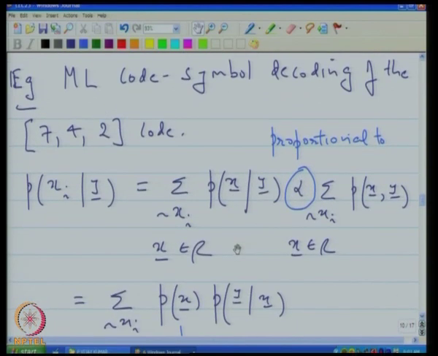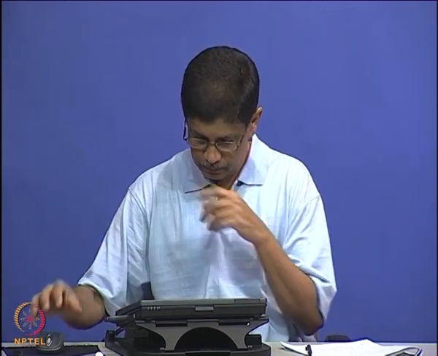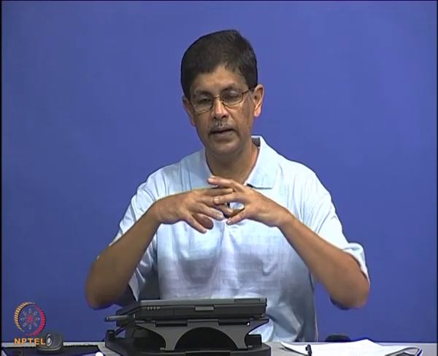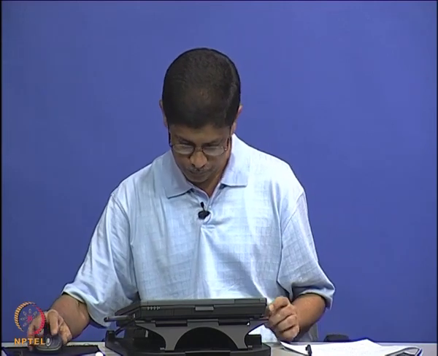One is maximum likelihood code word decoding, the other one is the maximum likelihood code symbol decoding, and the difference in the two cases was basically in one we were operating in the max product semi-ring, and in the other we were operating with the sum product semi-ring. So, that is one of the nice things about the approach that we will outline, that it gathers together in a unified way some different algorithms for different codes.